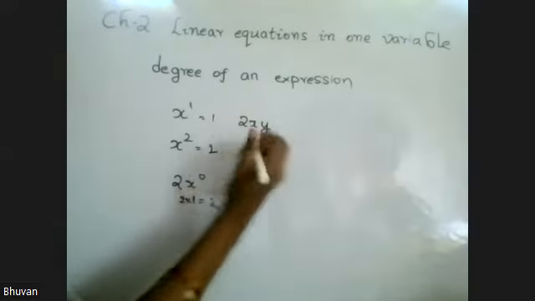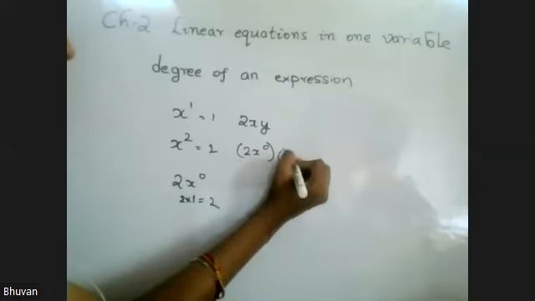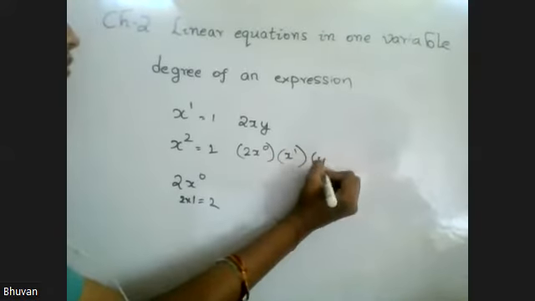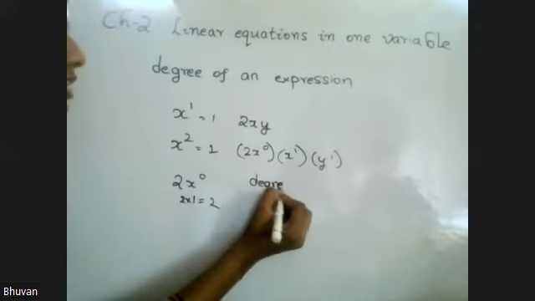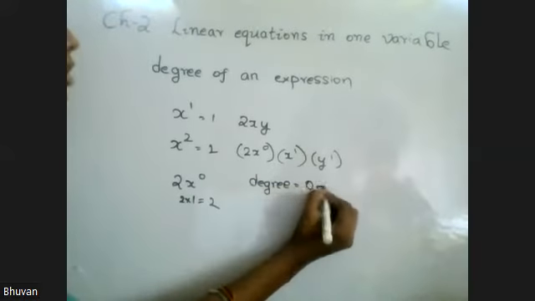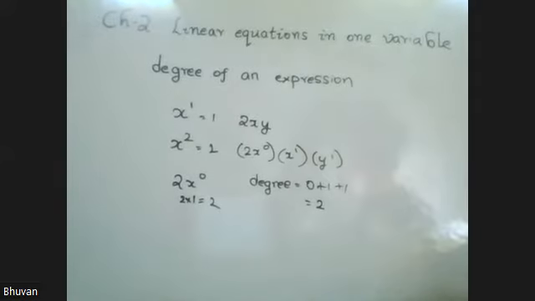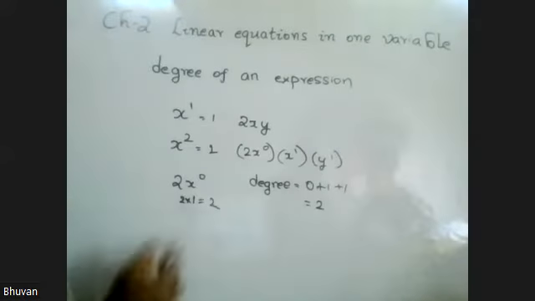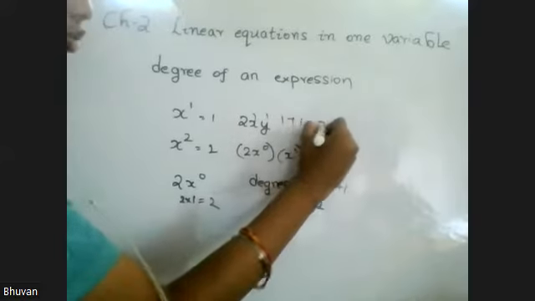So what is the power of x? x power 1. What is the power of y? y power 1. So what is the degree of this expression? 0 plus 1 plus 1, that is 2. Every time it is not possible to think like this, so directly 1 plus 1 will give 2.